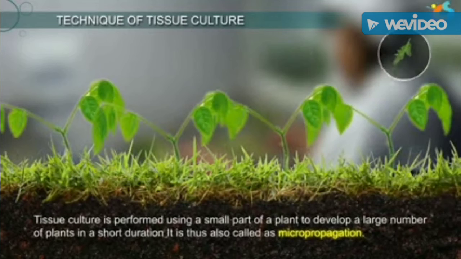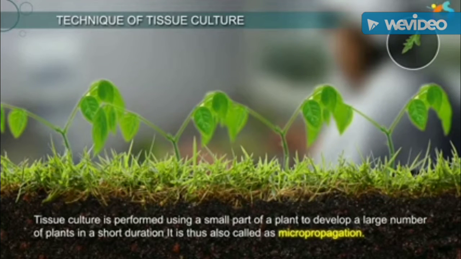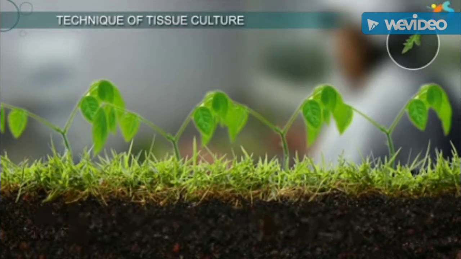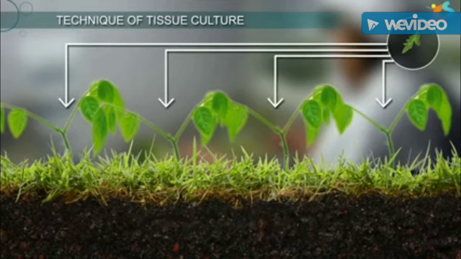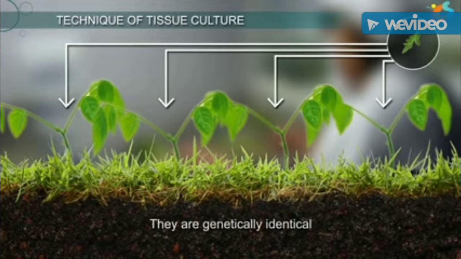Tissue culture is performed using a small part of a plant to develop a large number of plants in a short duration. It is thus also called micropropagation. As all these plants are developed from the same part of the parent plant, they are genetically identical and called somaclones.